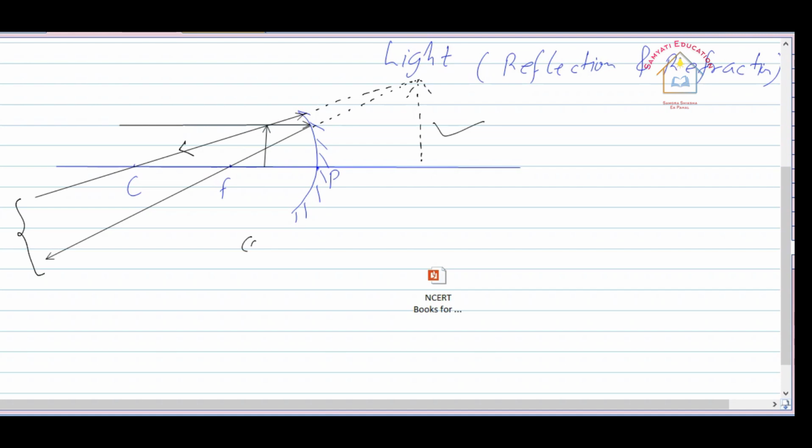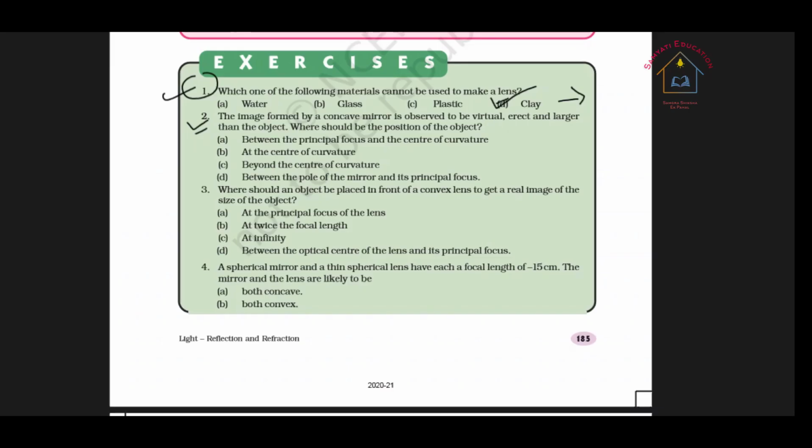Let's see question number 3. Where should an object be placed in front of a convex lens to get a real image of the size of the object? We have to draw a convex lens like this.